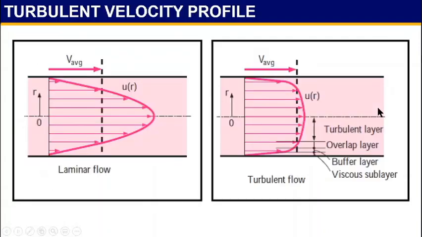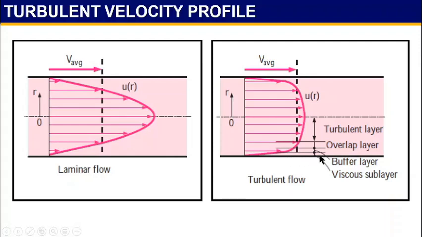All right. Now the velocity profile of turbulent flow. This is the laminar flow we learned before, so it is totally different from laminar flow. In turbulent flow, we have several layers. First, very close to the wall surface, a pipe wall surface, we have the viscous sublayer where viscosity effects are dominant, because we have surface drag here.